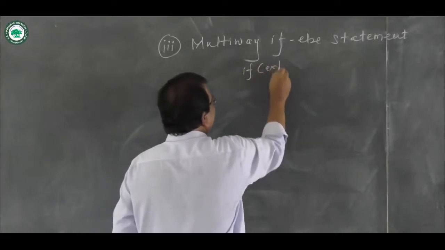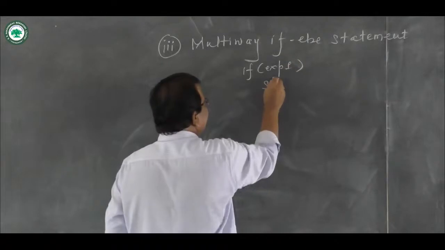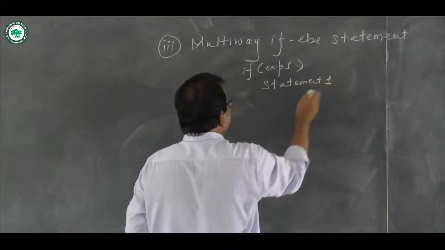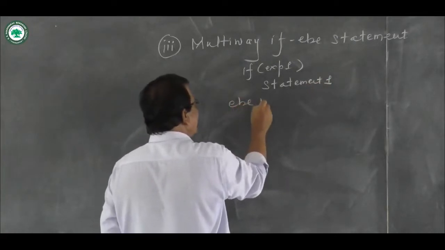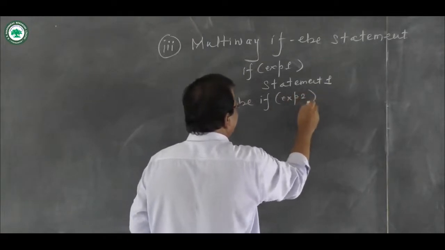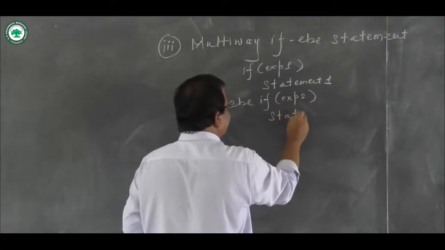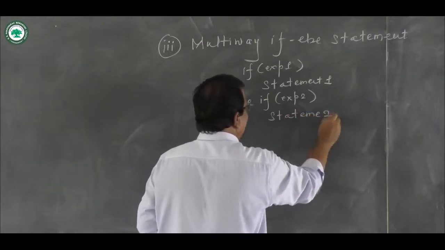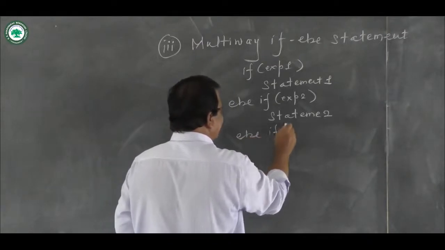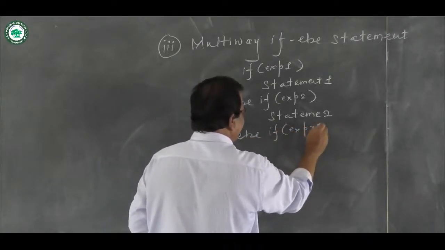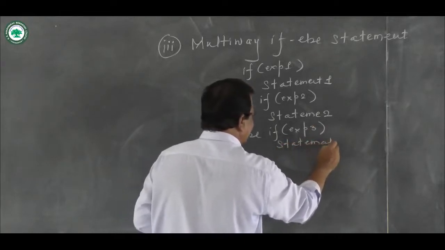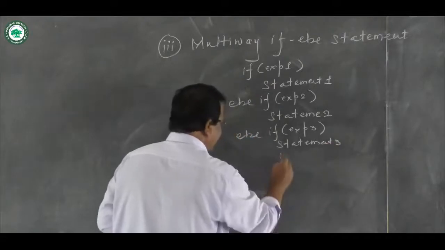If expression 1, associated with this is statement 1, then else, in this else block, another if-else statement. If expression 2, statement 2, else if expression 3, associated with this is statement 3, and so on.